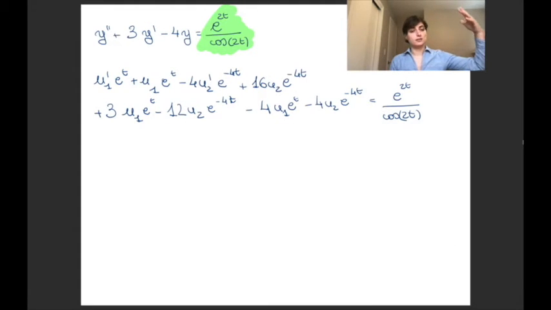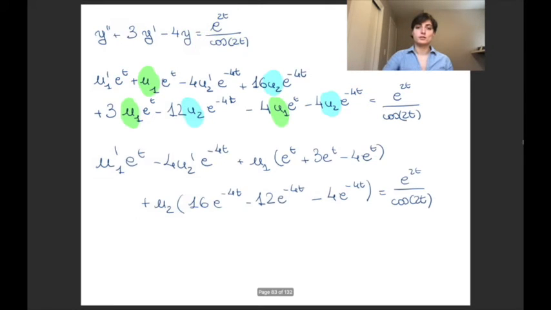Then we take the non-homogeneous ODE and plug in everything we have built until now. This is a big blob, but we want to put together all the coefficients of u1 and all the coefficients of u2.